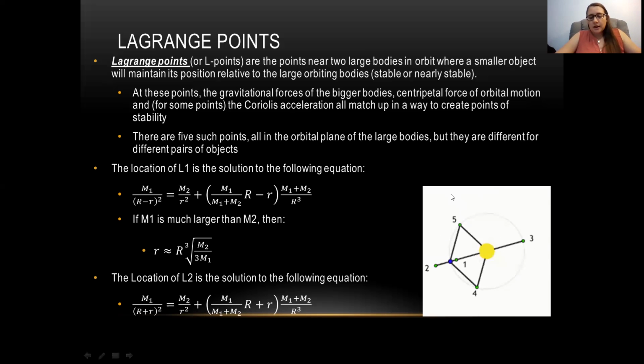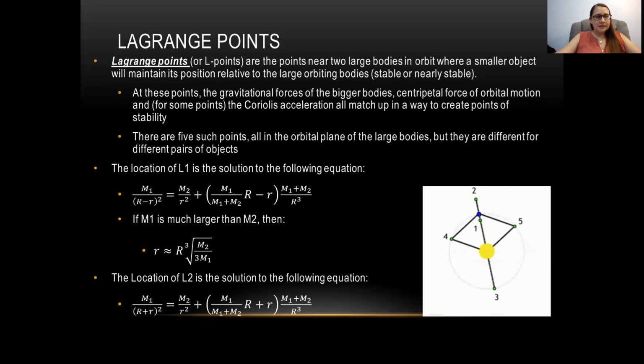At the L4 and L5 points, we actually have what are called Trojan satellites around several planets. When we think about the other planets and their Lagrange points around their orbit too, a lot of the time they push material around and pull material around, sort of like asteroids.